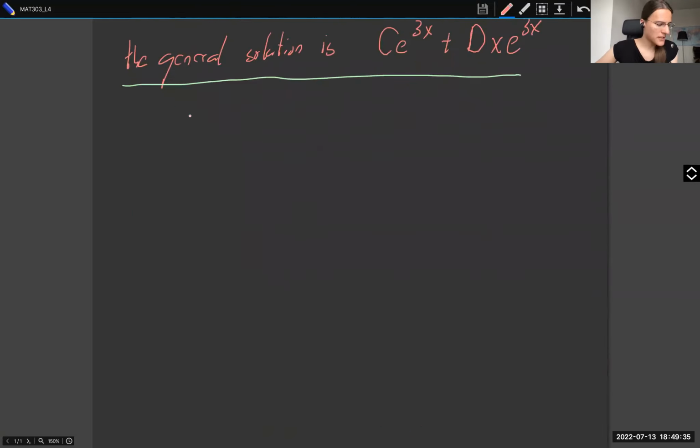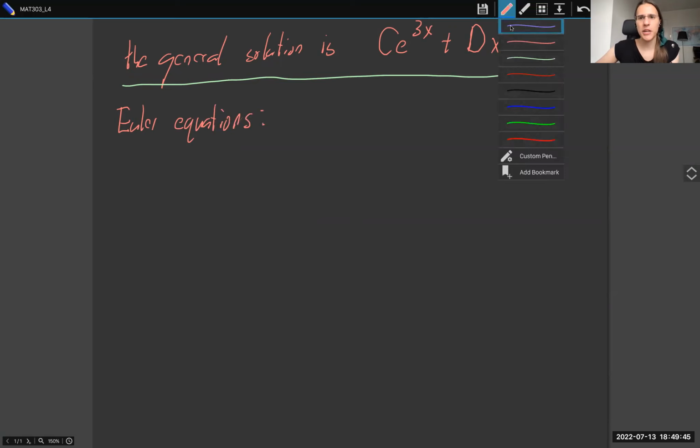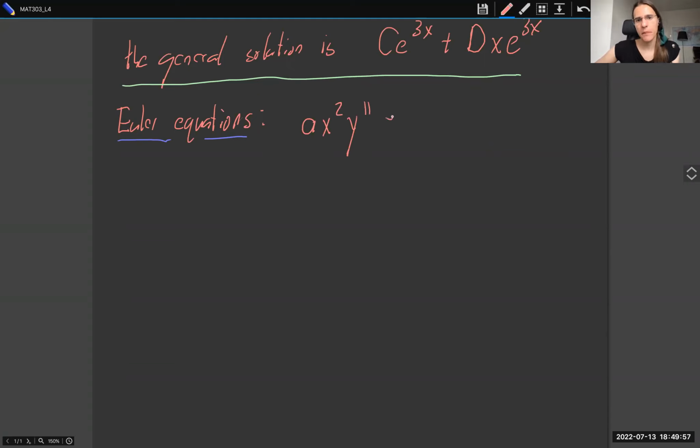So now I'm going to talk about something called Euler equations. An Euler equation is an equation of the form a x squared y prime prime plus b x y prime plus c y is equal to 0.